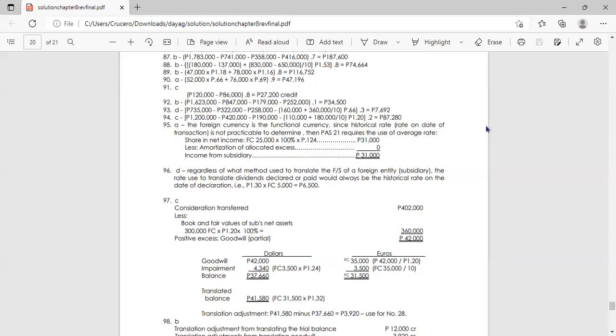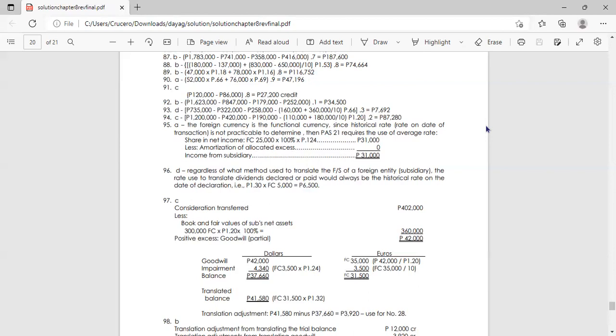So for number 94, it's letter C for 21,000. Okay, so for the amount of 87,280 for number 94, now you try to review the amount for number 94.